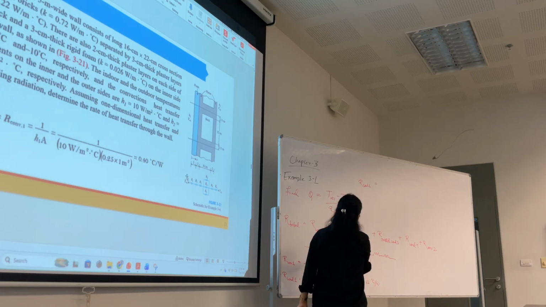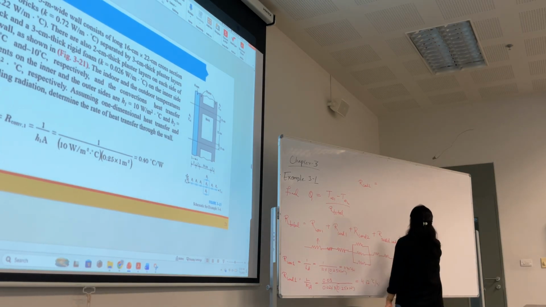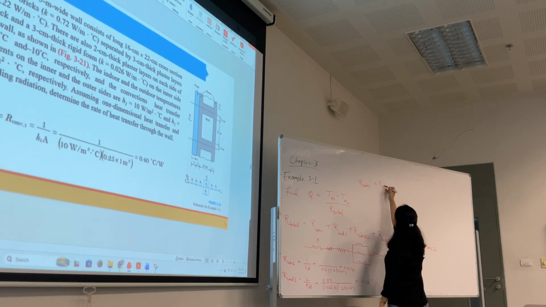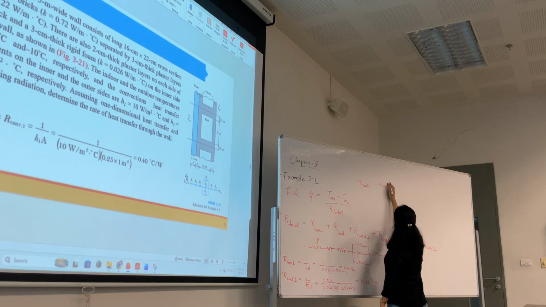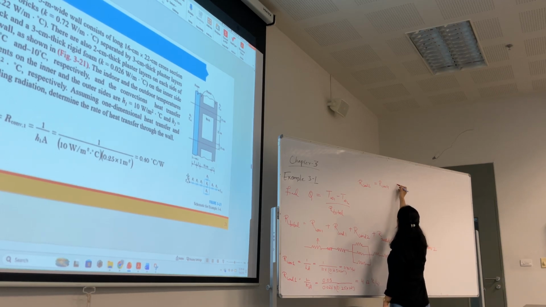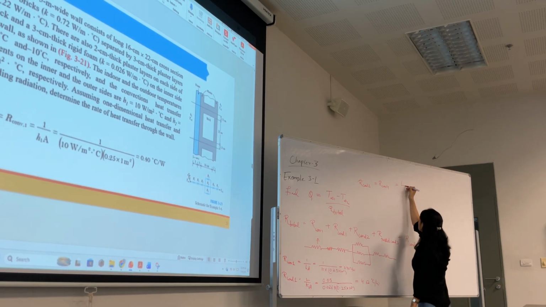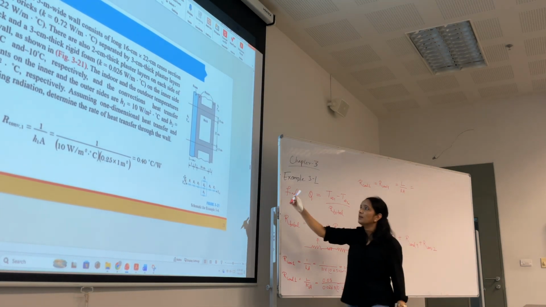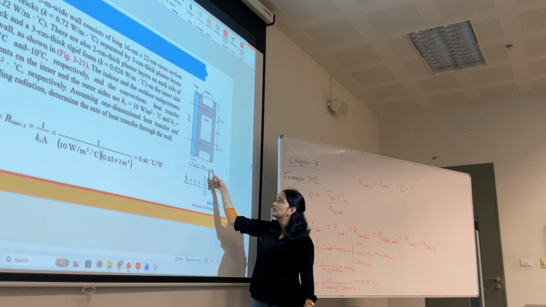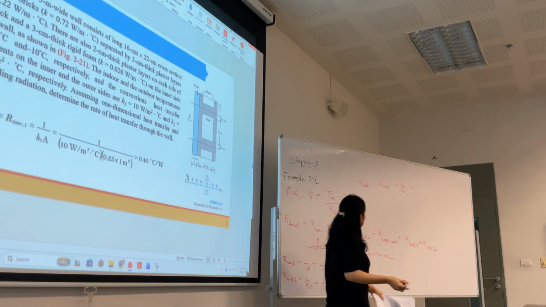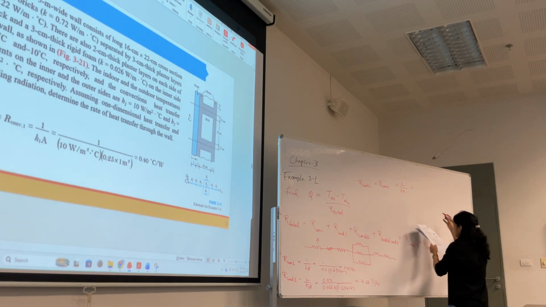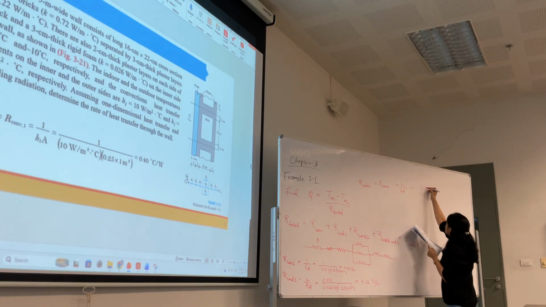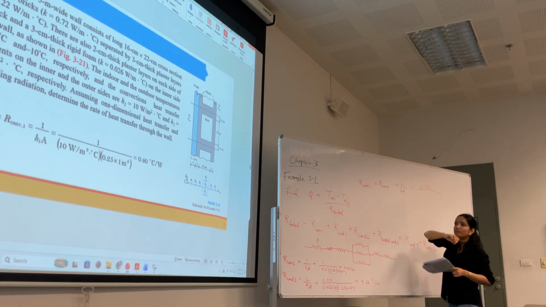Okay, that's right. So R conduction 2 is going to be equal to R conduction 4. For both of them, the length is this, right? So we can... I'm changing everything into meters.